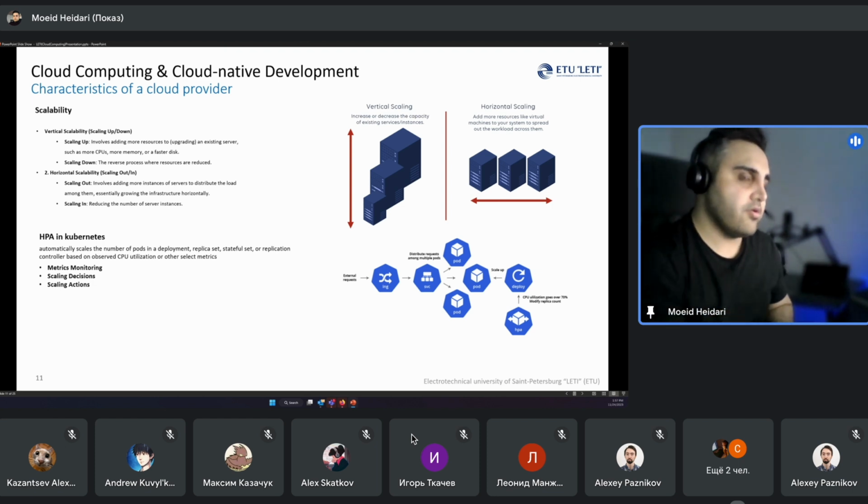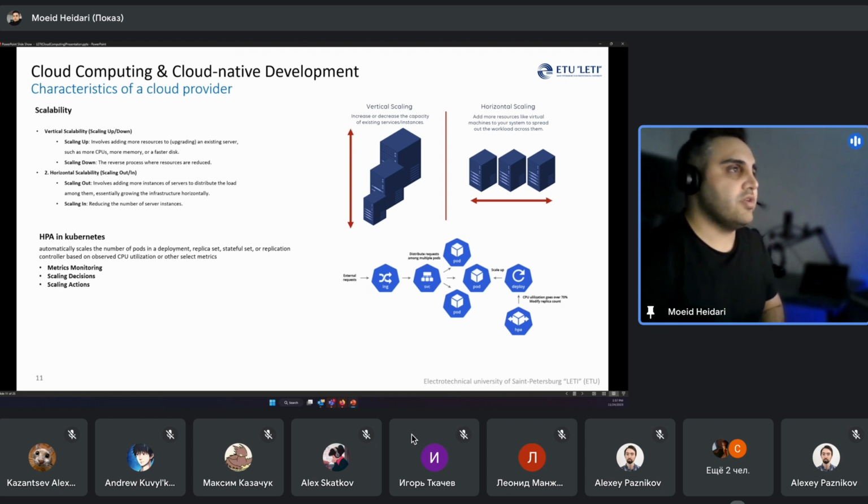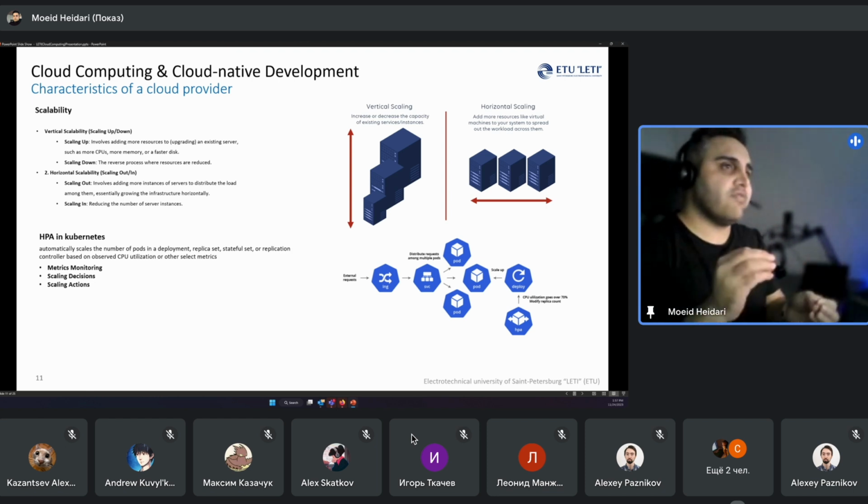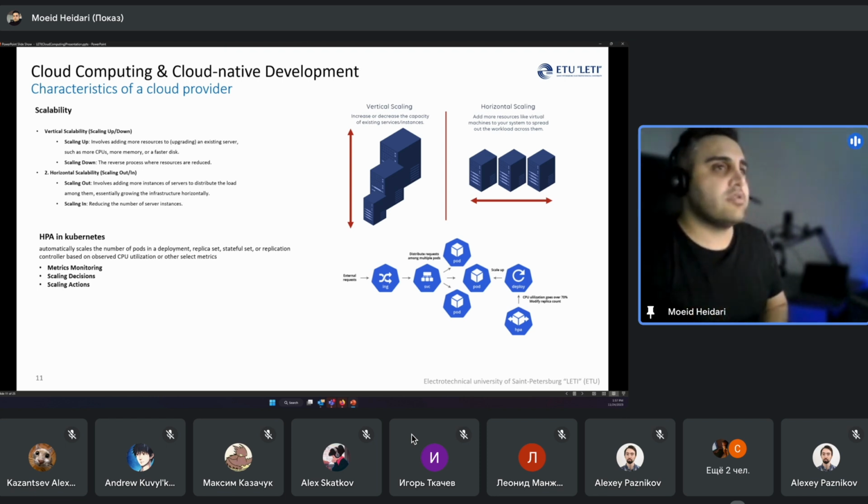Then you add another node, with either the same or a different specification. It means you horizontally scaled it: you added new nodes to this cluster, whether it becomes 3, 4, or 5 nodes, but you don't touch the specification of each node. That means we are horizontally scaling the cluster or the cloud system.